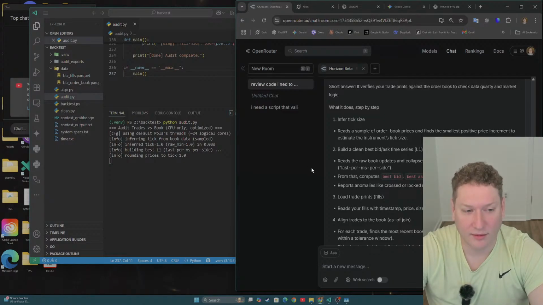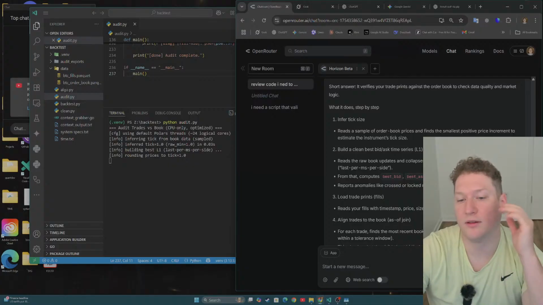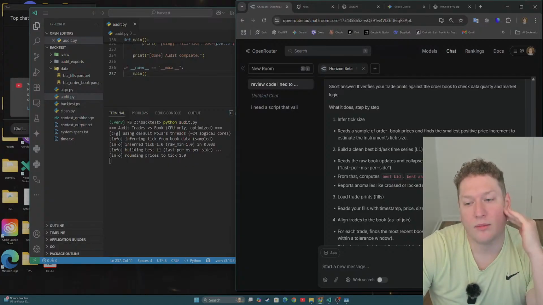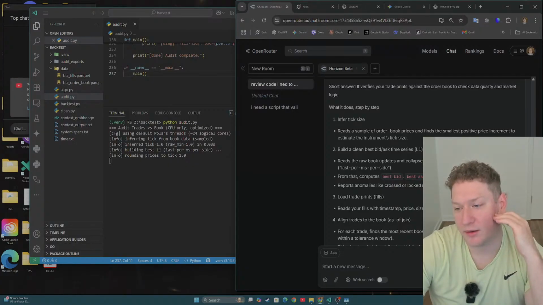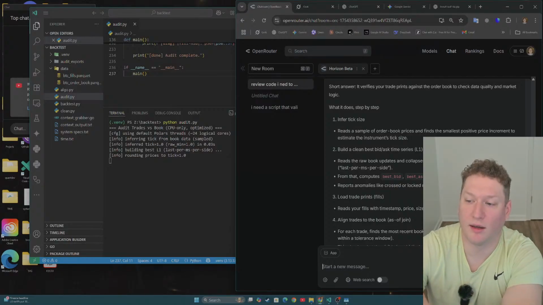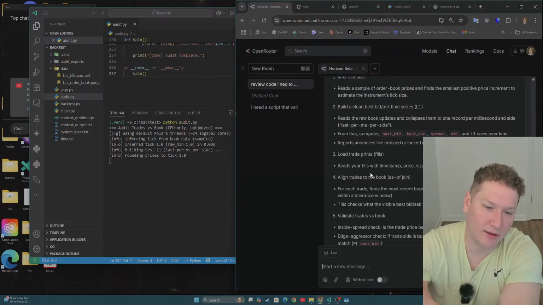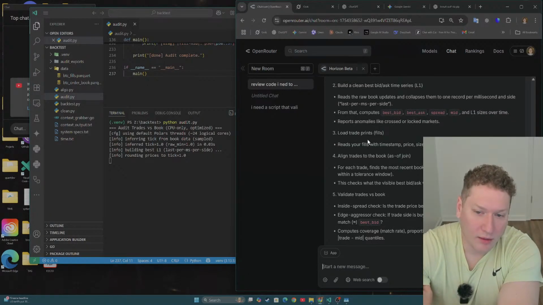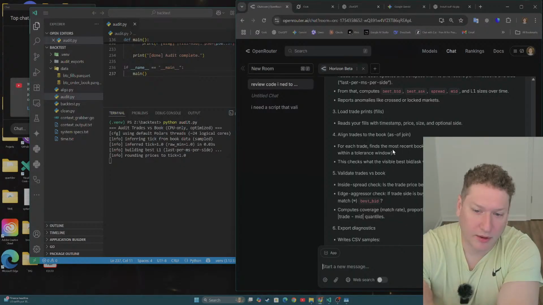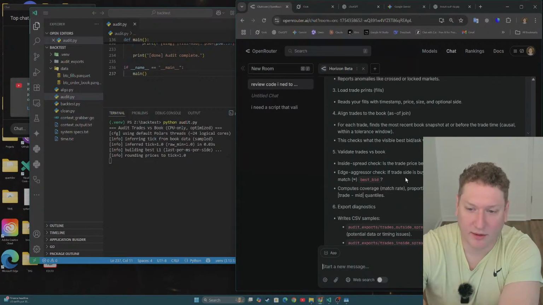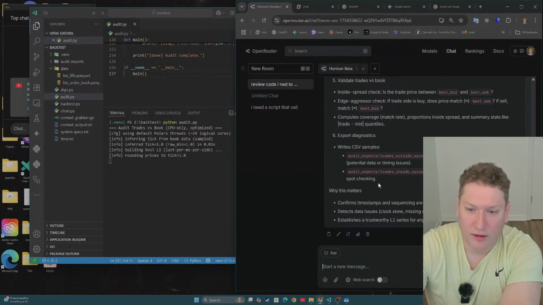Okay, so it's not reading the full depth of the data I have. Reads the raw book updates and collapses them to one record per millisecond and side. Okay. From that, it computes all of these things and L1 size over time. Reports anomalies like crossed or locked markets. Okay. All right. Aligns the book, validates the trades versus book, inside spread check. Okay. And then it'll write a CSV.